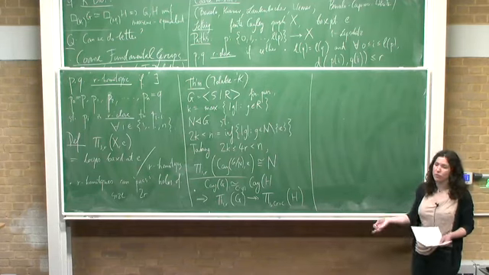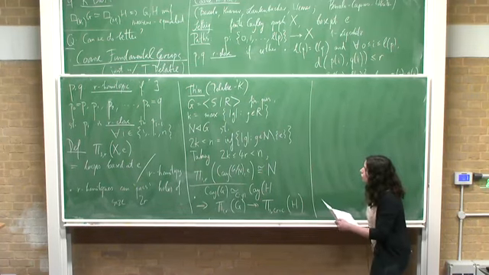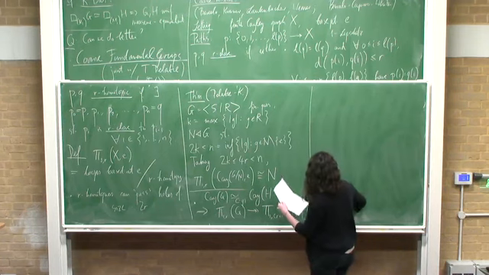And obviously vice versa. And this is what we use in order to show the following rigidity result for box spaces.